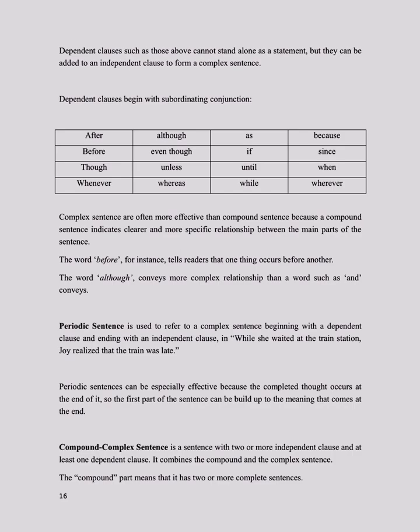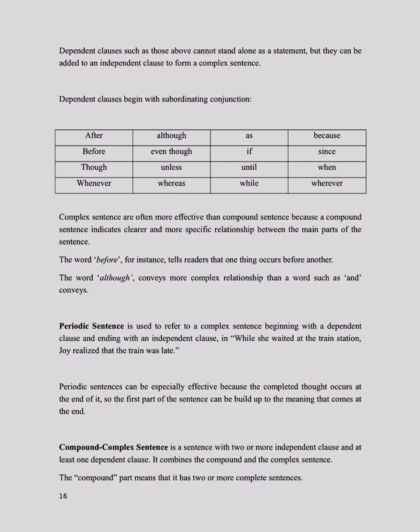Complex sentences are often more effective than compound sentences because a complex sentence indicates a clearer and more specific relationship between the main parts of the sentence. The word before, for instance, tells a reader that one thing occurs before another. The word although conveys a more complex relationship than a word such as and conveys.